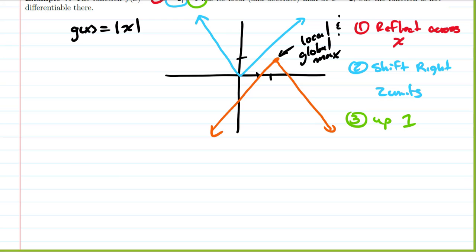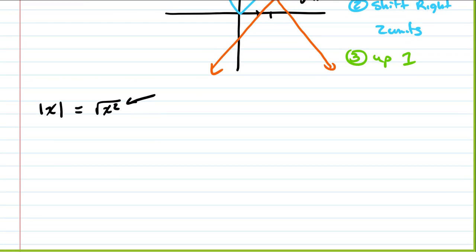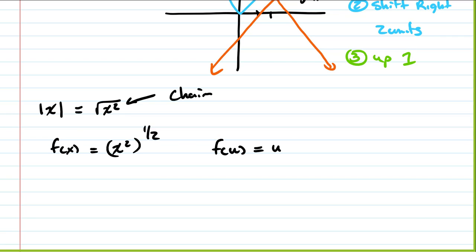But if we go back in our time machine, we have the absolute value of x is the same as the square root of x squared, right? We used that earlier when we were calculating limits. Well, we know how to take the derivative of this. It would be the chain rule, right? So if we have f of x is equal to x squared raised to the 1/2 power, we would have that f of u equals u to the 1/2, and u is equal to x squared.